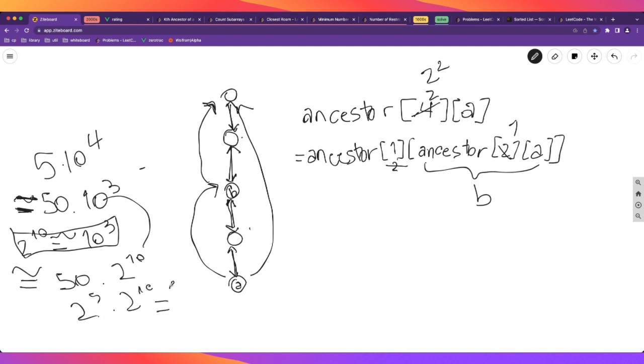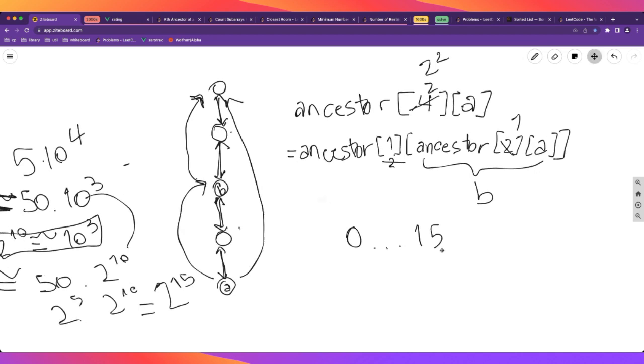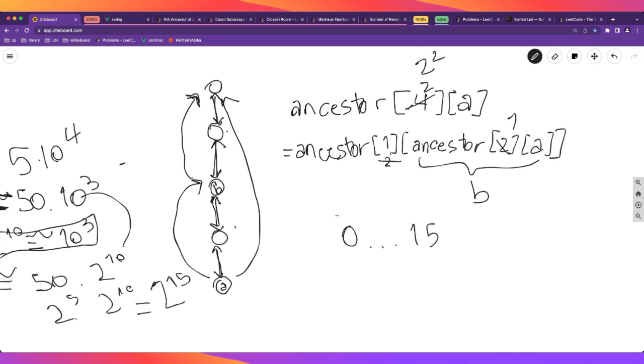So the biggest power of 2 that we are going to decompose k into is going to be 2 to the 15. So that means that our table has to be from 0 up to 15 inclusive. So the number of bits that we need is going to be 16.